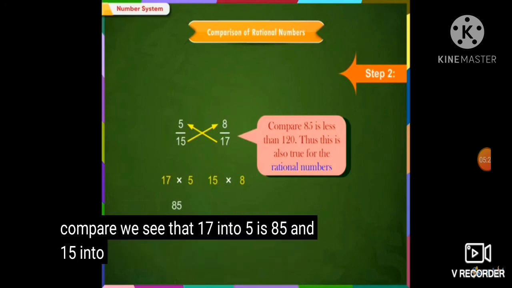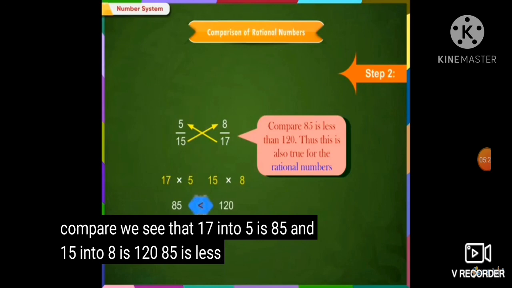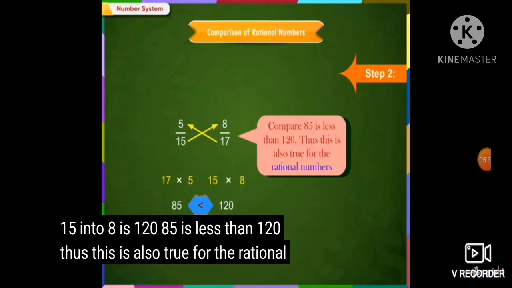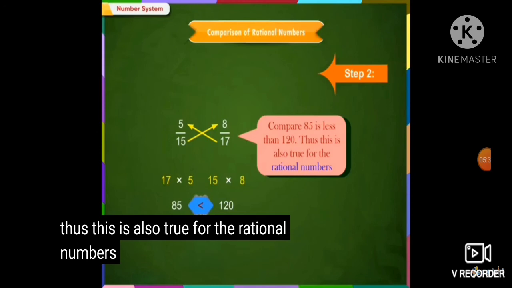Now we compare: 17 into 5 is 85 and 15 into 8 is 120, so 85 is less than 120.